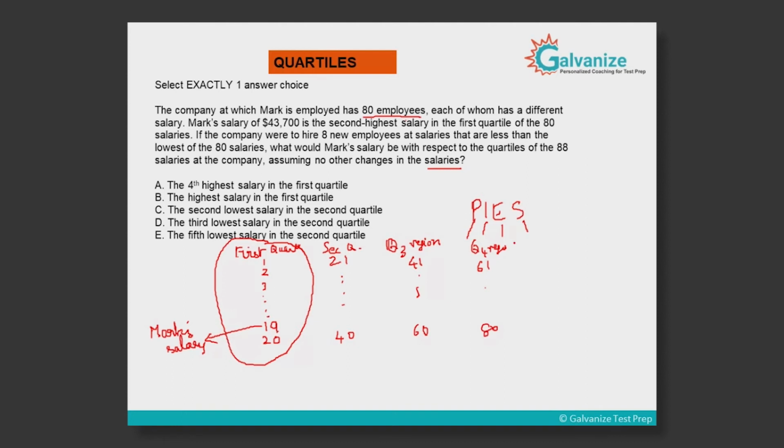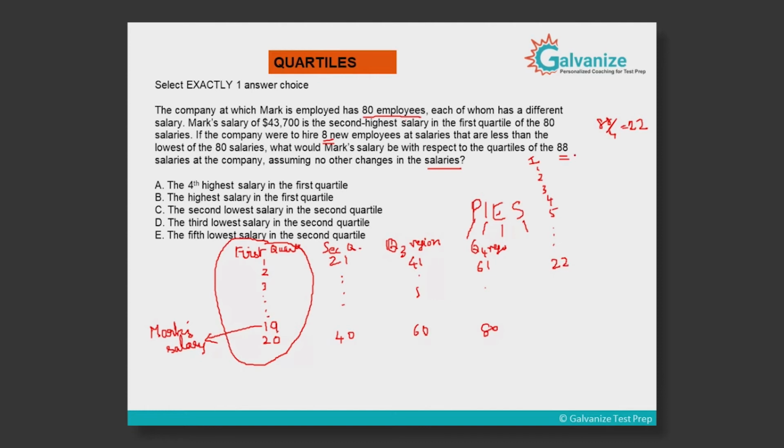So I'm going to reframe this quartile here. So the first quartile will be 1, 2, 3, 4. As you can see, since 8 new employees are added, there'll be 88 employees. So each quartile, if you're going to divide 88 by 4, you will get 22, which means each quartile, instead of 20, will have 22 salaries.